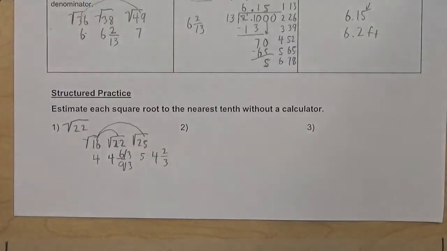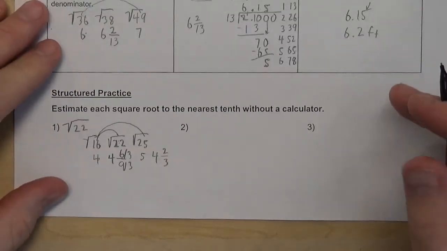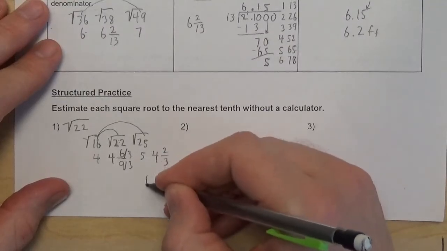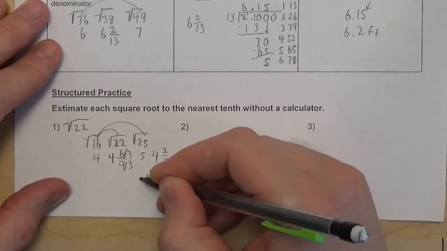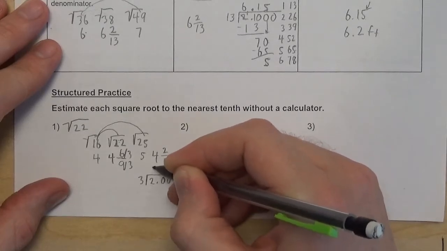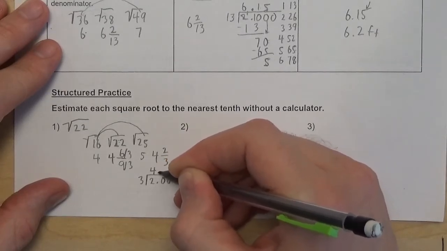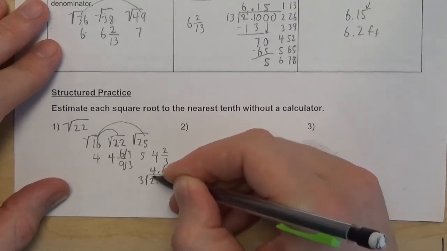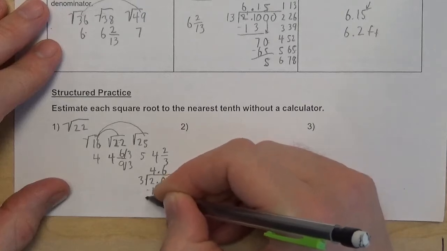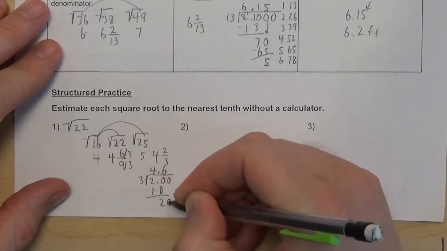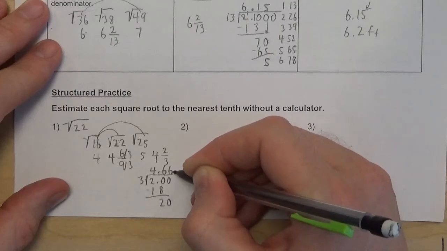You may know what this is as a decimal, but we're going to go ahead and do our long division here just to make sure. So the numerator will go on the inside, denominator on the outside. We know our whole number is 4. 3 goes into 20 6 times. 6 times 3 is 18. 20 minus 18 is 2, bring down a 0, and 3 goes into 20 another 6 times.